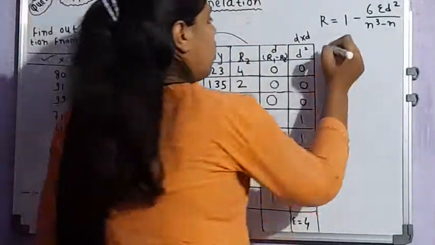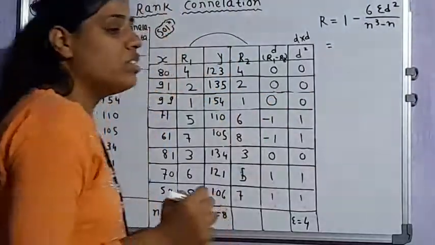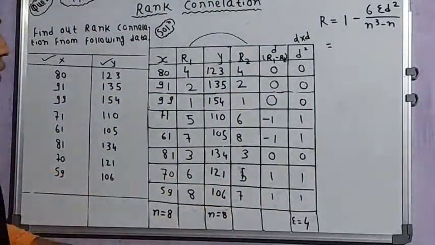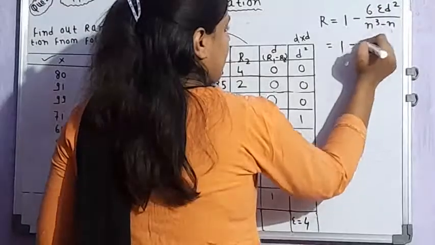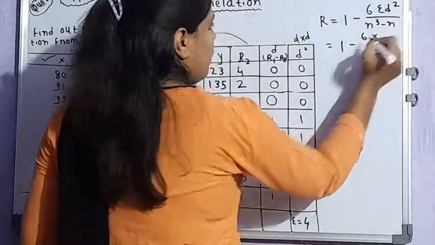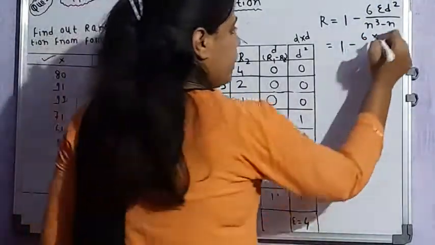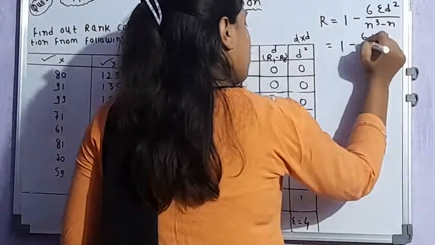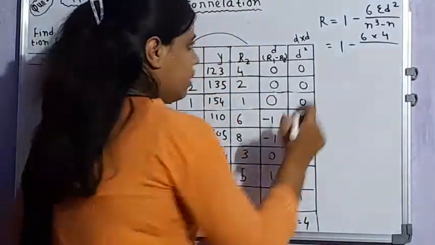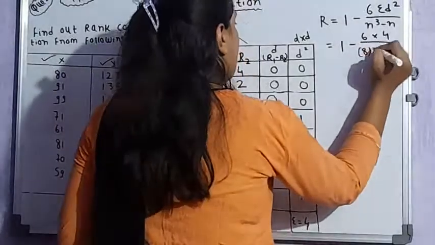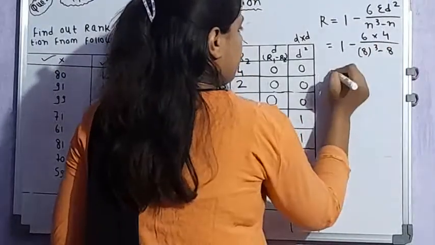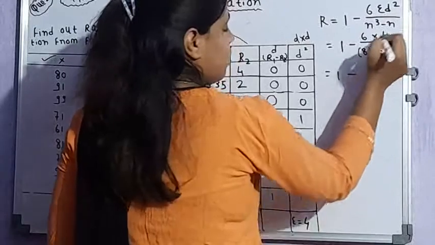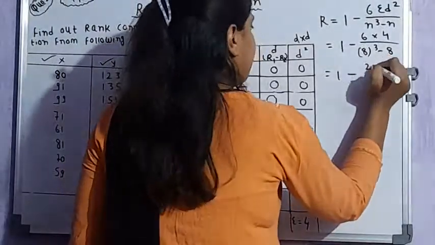Now we are going to put the values in the formula. 1 minus 6. What is the value of summation D square? 4, so it would be 6 into 4. What is the value of n? It's 8, so 8 cube minus 8. So it would be 1 minus 6 into 4, 24.